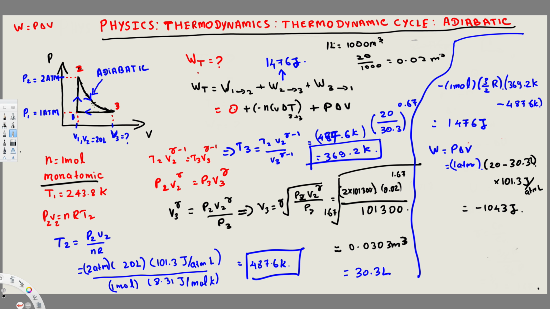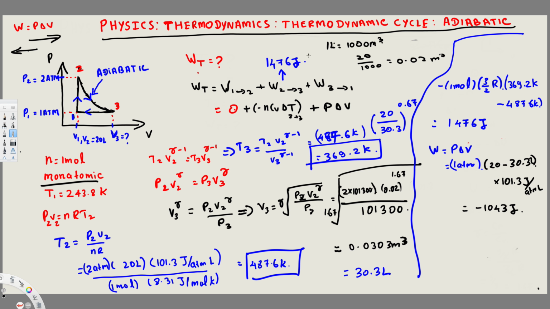And from this diagram, you can already find that this is going to be a negative answer because in a PV diagram, whenever we have this direction, the work is going to be positive. If the arrow is in this direction, the work is going to be negative. Since this is in this direction, we know that work is going to be negative and we calculated it's negative.